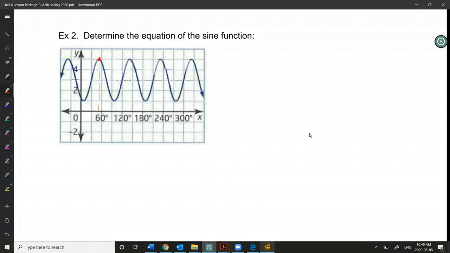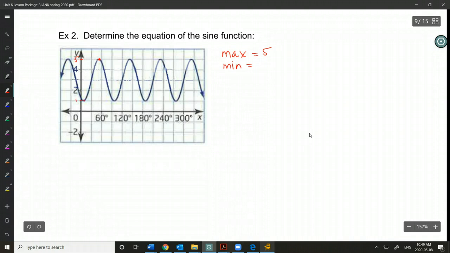All right, so just for now, we're going to do the sine function and I'm just going to erase this. So let's start with finding the y location of the maximum. And that's going to be here, which is at 5. And then we're going to find the minimum, which is at 1.